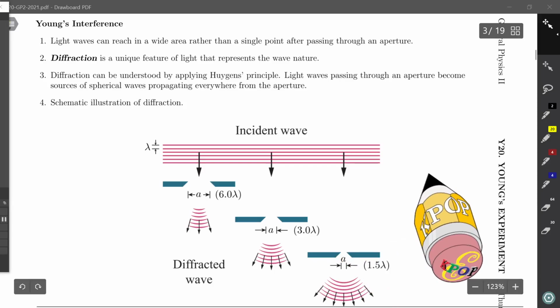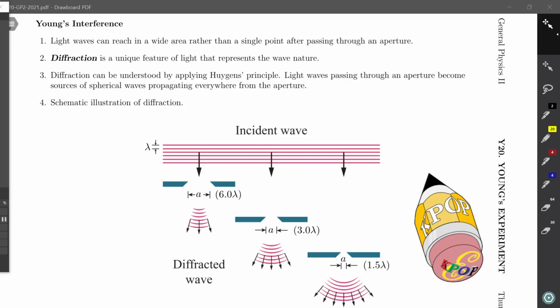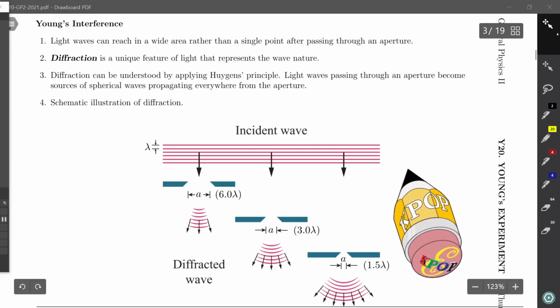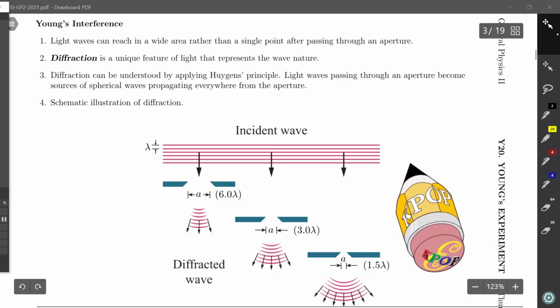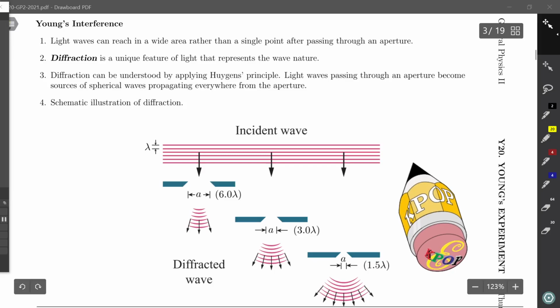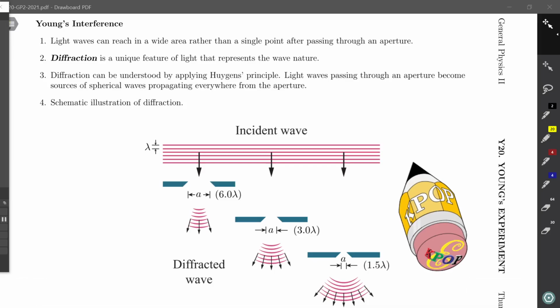Diffraction is a well-known characteristic distinguishing waves from particles, but we shall find, if we learn quantum mechanics, that particles also have wave nature. But anyway, in the Newtonian view, the particle goes straight if there is no external force.